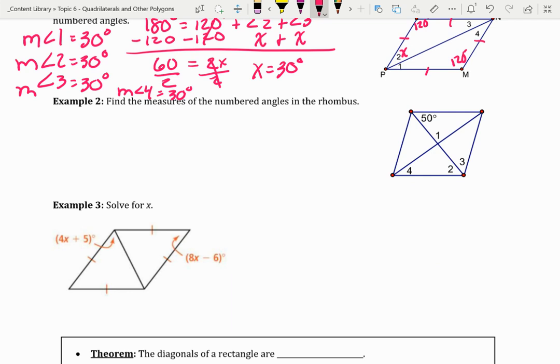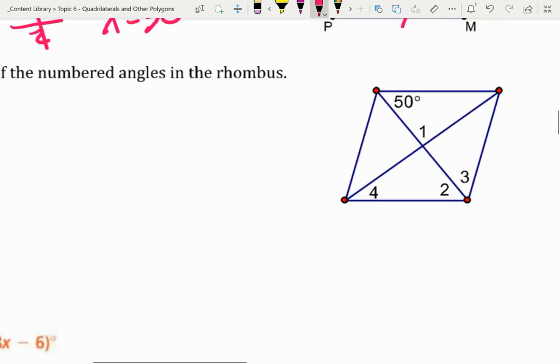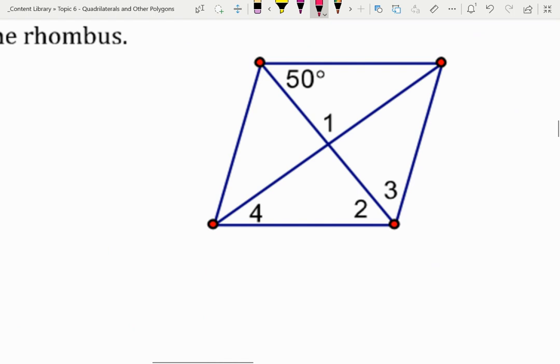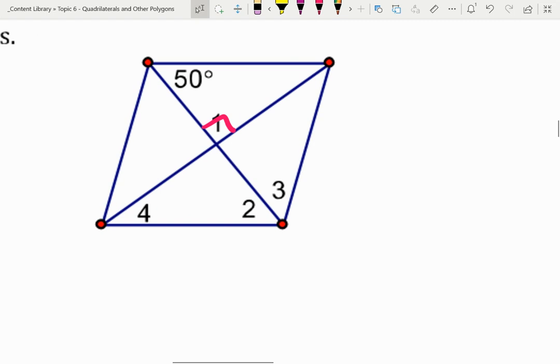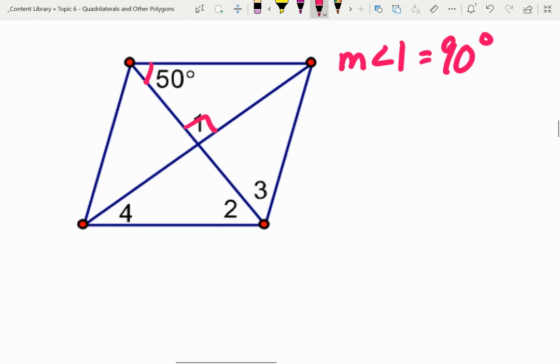Okay. So all we have to do, let's go ahead and zoom. If this one over here is going to be 50, we've got each of these in a triangle. We know that angle 1 is 90. So the measure of angle 1 is 90 degrees. If this one is 50, guess what? We know for a fact that angle 2 is 90 degrees.